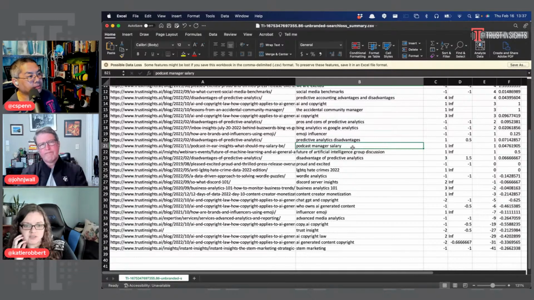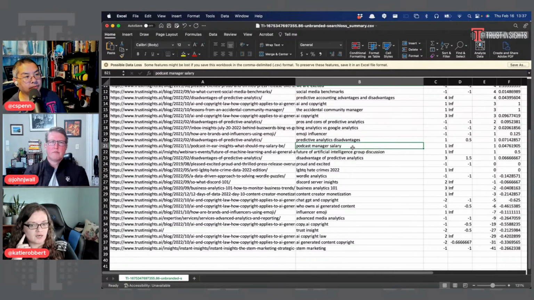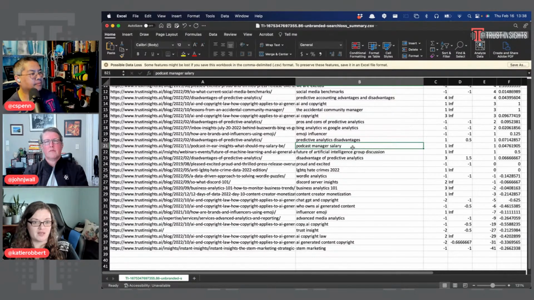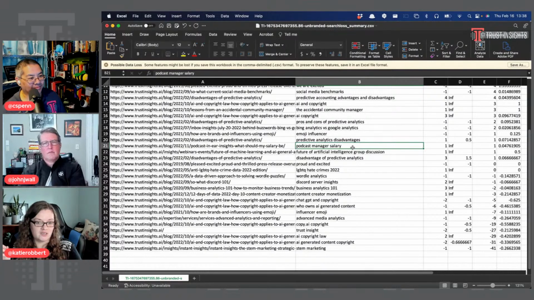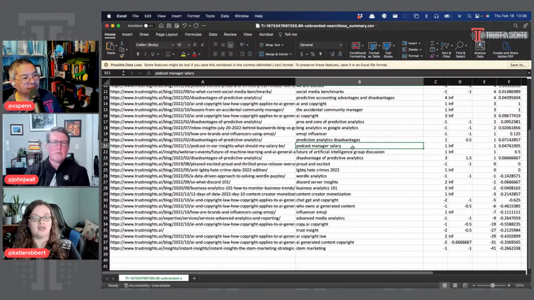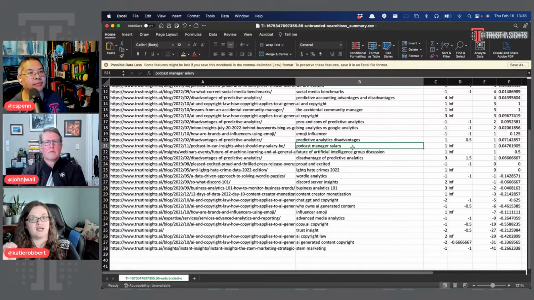So what's interesting, that very bottom line that you said you don't know what that is. To us, STEM is a framework in terms of strategy, tactics, execution, measurement, but we don't know if that's what the intent was or if they meant science, technology, engineering, math. So we don't know if it answers the question. We would have to dig deeper into the actual analytics on that page to see how long people were staying.